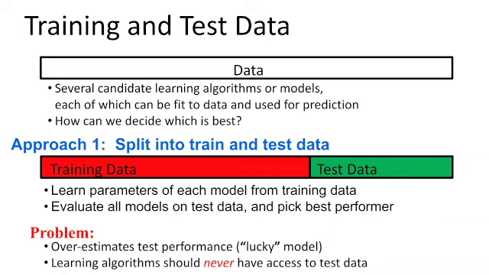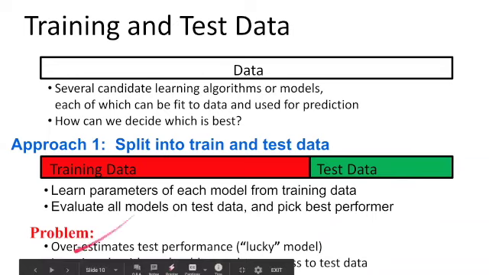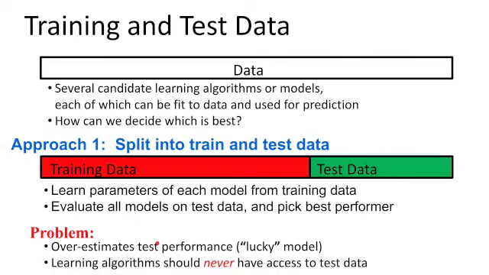So we should emphasize a guidance people always follow: your learning algorithm should never ever have access to the test data sets. When you evaluate the performance of your models, you split your data into training and testing, and in the very beginning you hide your test data somewhere else.